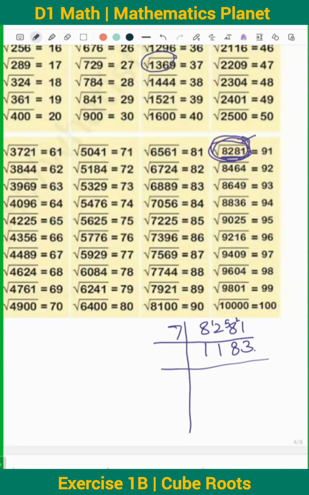Again 7. 7 times 1 is 7, 8, 9, 10, 11. 7 times 6 is 42, 43, 44, 45, 46, 47, 48. 7 times 9 is 63.